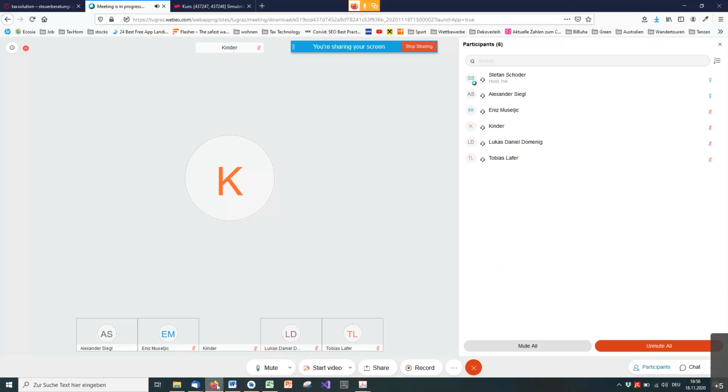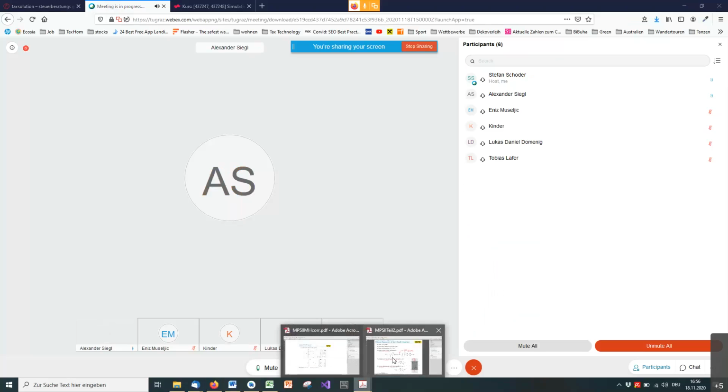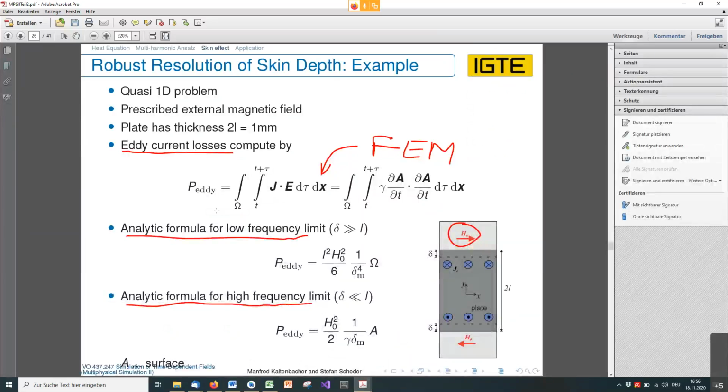So the plot shows us the power. Yeah, this shows us the eddy current losses, the power, the losses. Yeah, the power which is generated or lost by the eddy currents. I see, it's a product of current times E field.